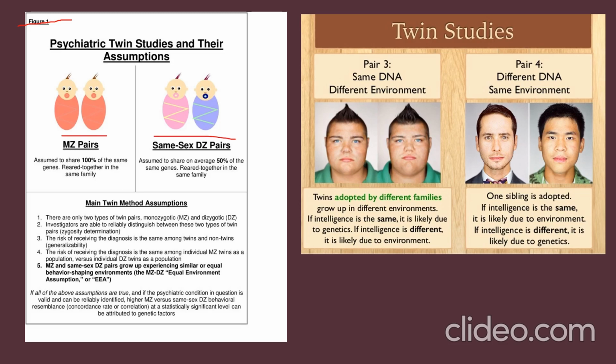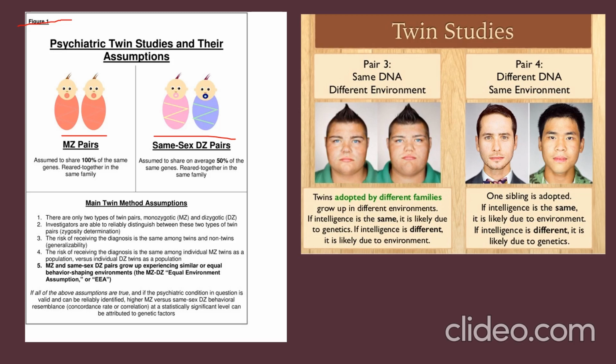Okay, this main twin method assumption, there are only 2 types of twin pairs, monozygotic and dizygotic. Investigators are able to reliably distinguish between these 2 types of twin pairs. The risk of receiving the diagnosis is the same among twins and non-twins. The risk of receiving the diagnosis is the same among individual monozygotic twins as a population versus individual dizygotic twins as a population.